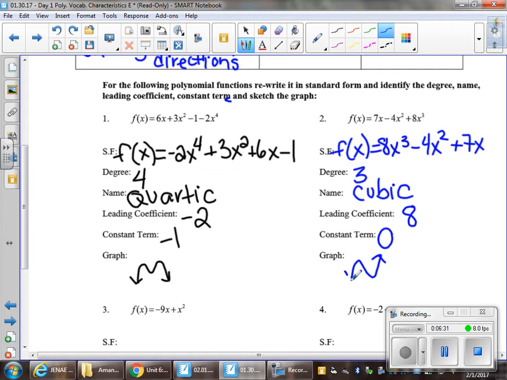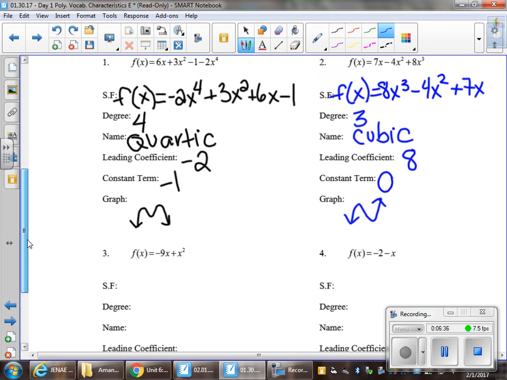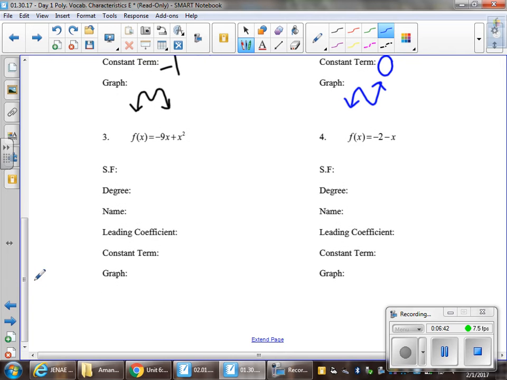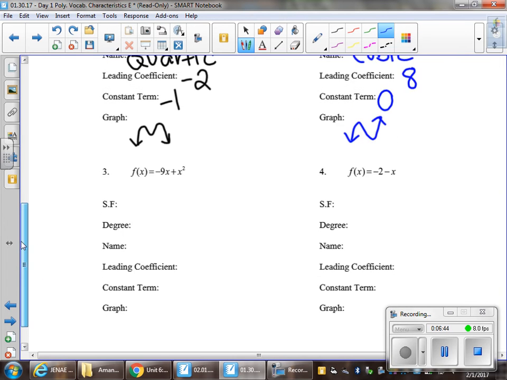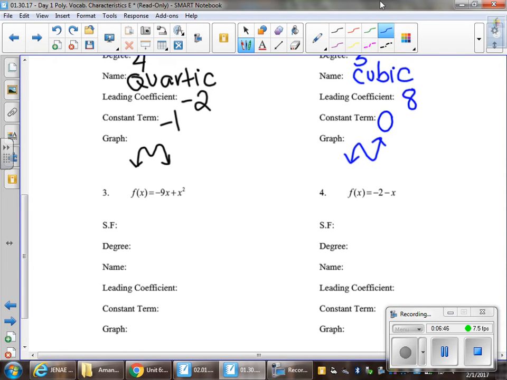And a graph of it, like you have on your flashcards, would look something like that. Are we ready to move on? Okay, let's do the next one.